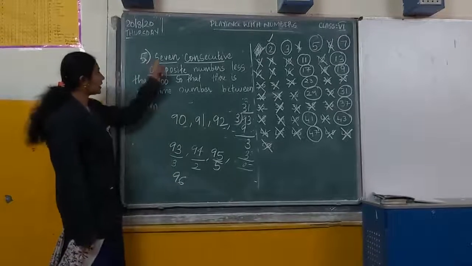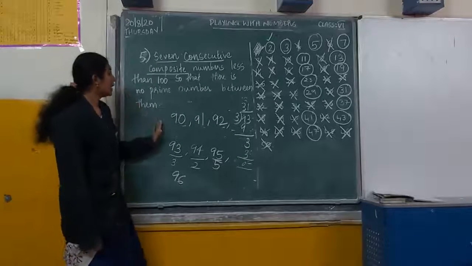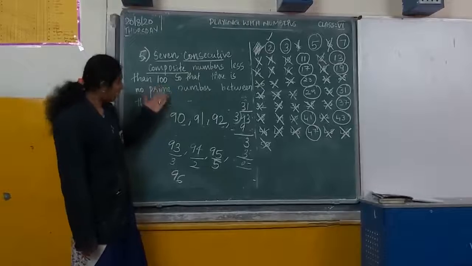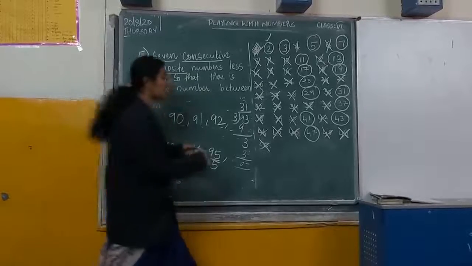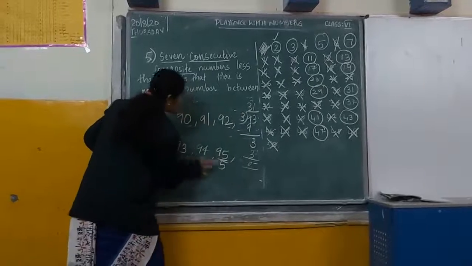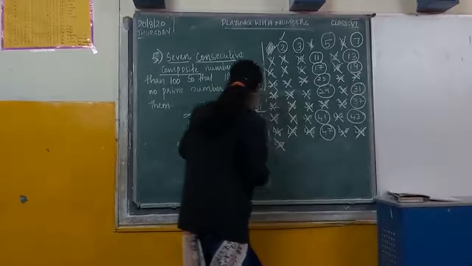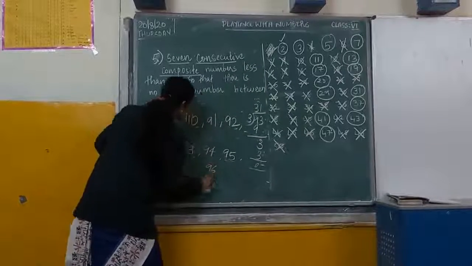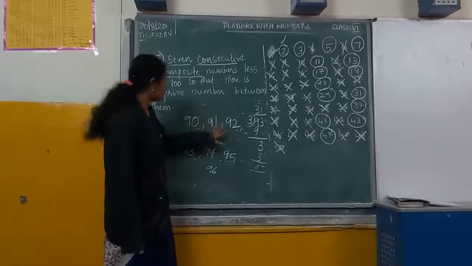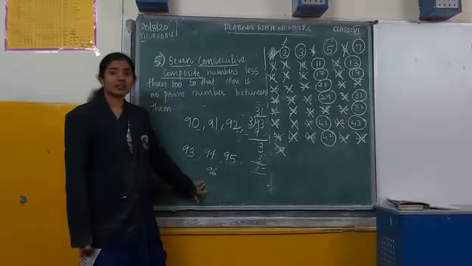Now we have 7 consecutive composite numbers less than 100, and in between you can't see any prime numbers. So the 7 consecutive composite numbers are 90, 91, 92, 93, 94, 95, 96.